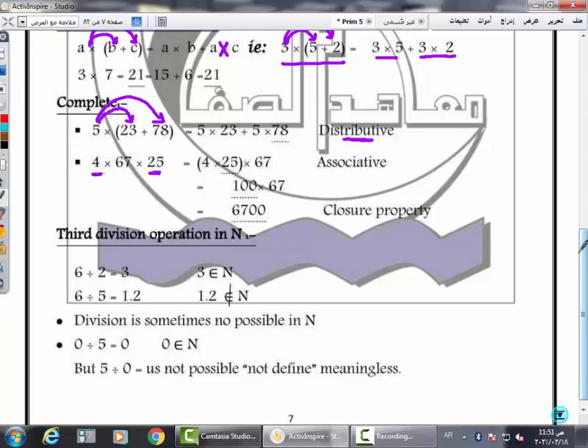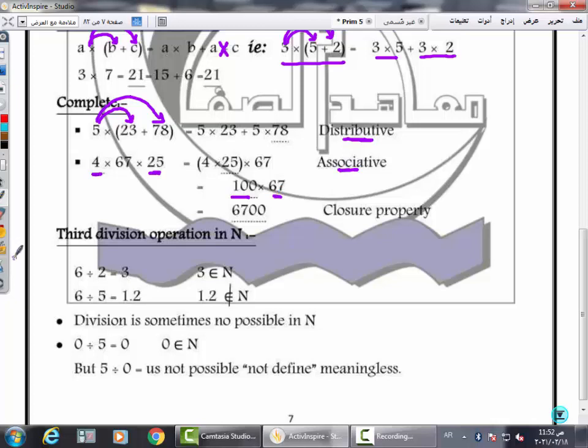This property is called commutative, change. Okay? And we put them between brackets. It's called associative. We put 4 and 25 between brackets to multiply them. 4 times 25 equals 100, and we put 67 as it is. We will get the result 100 times 67 equals 6,700.